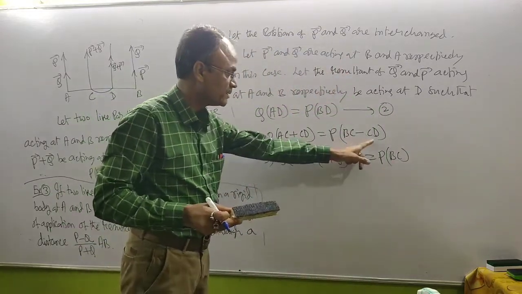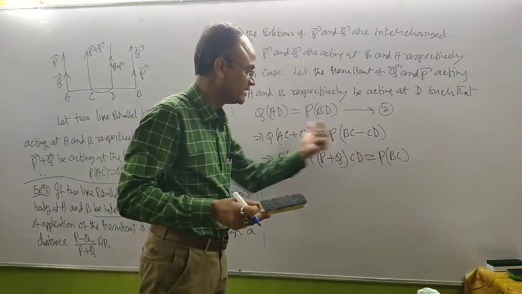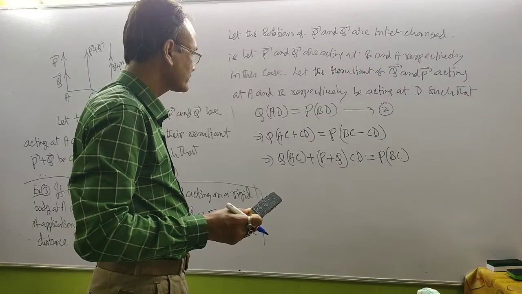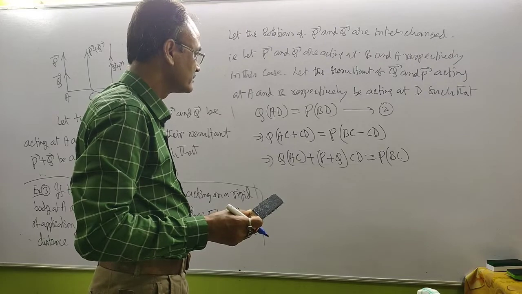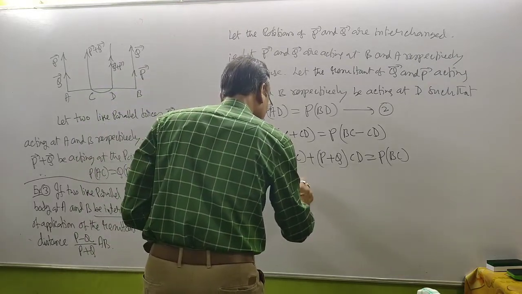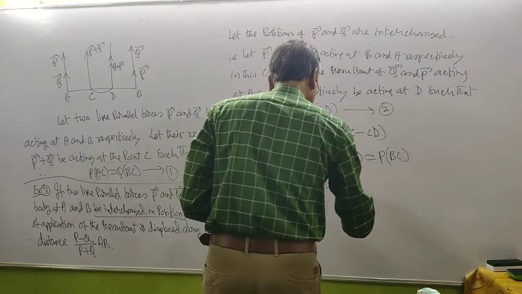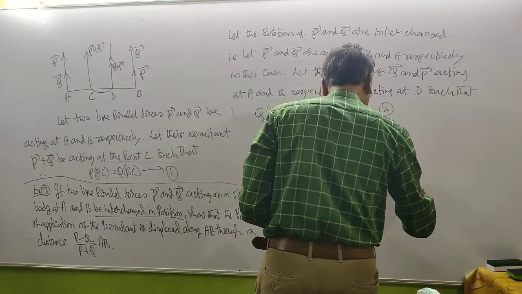Q into CD plus P into CD. Take this to the left side. You will get this one. This means (P plus Q) into CD will be equal to P into BC minus Q into AC.